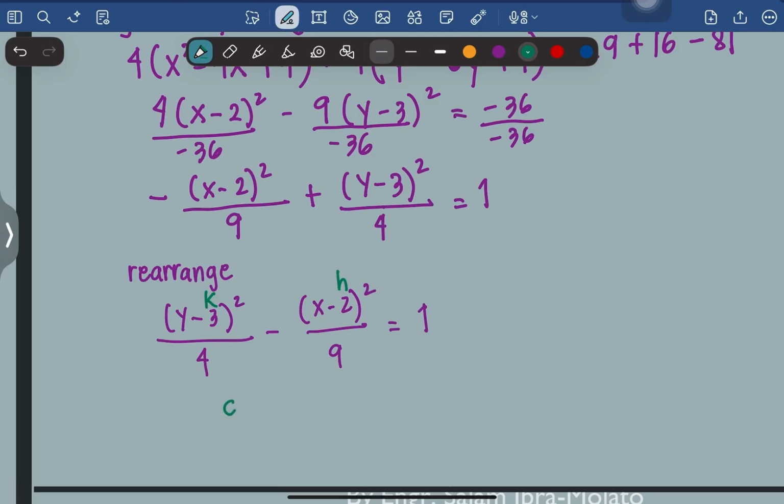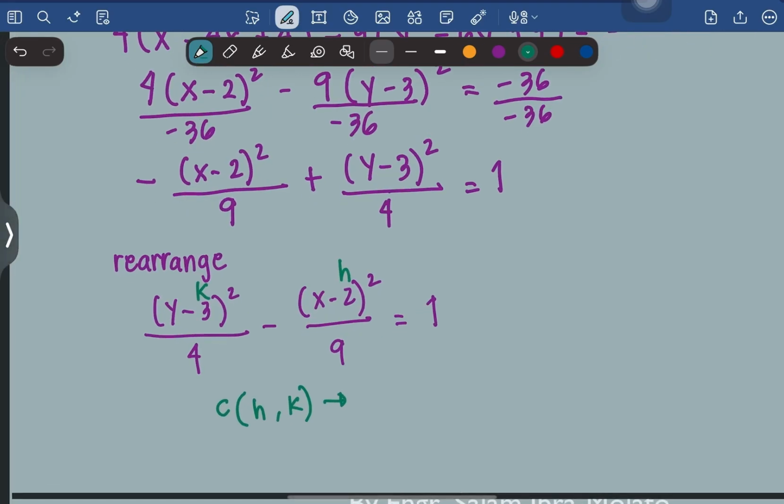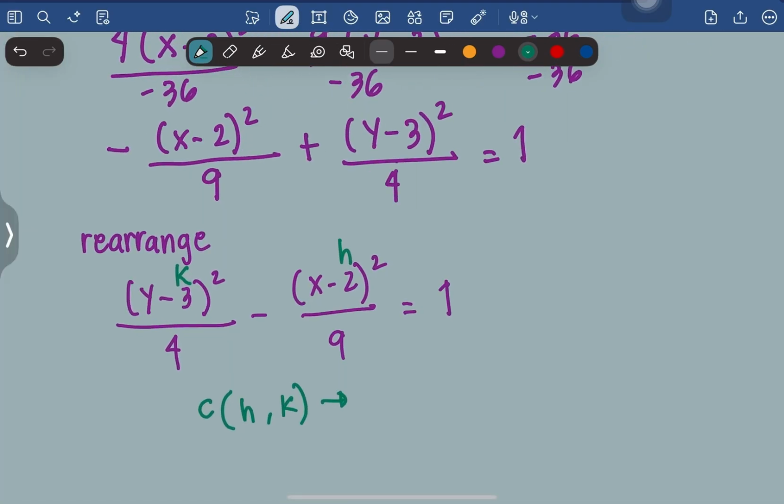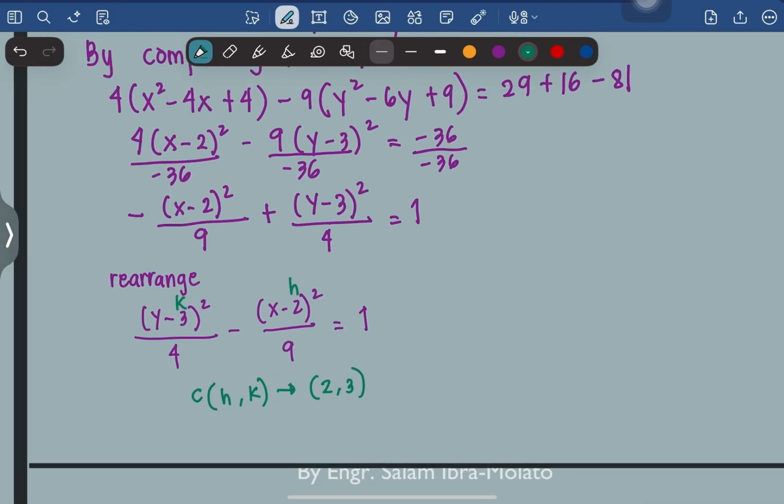So, for the center, that is hk. We'll get the numerical value in the standard form, but with opposite sign. So, since it is negative 2, this becomes 2, then 3. So, positive 2, 3.